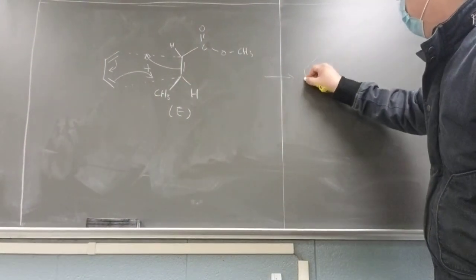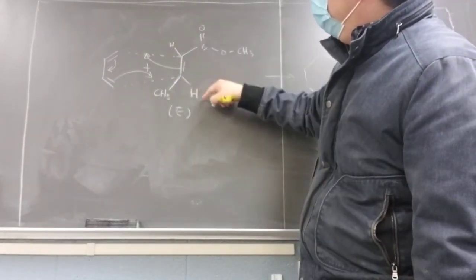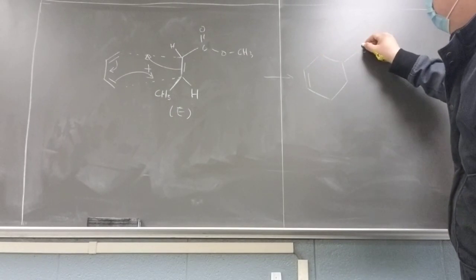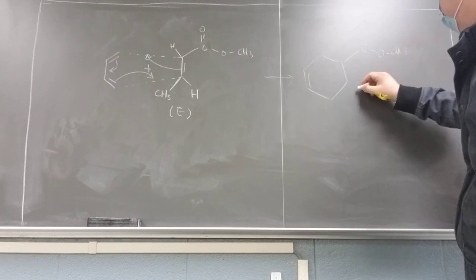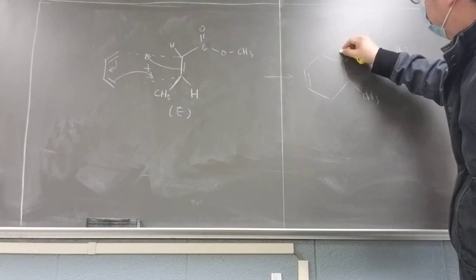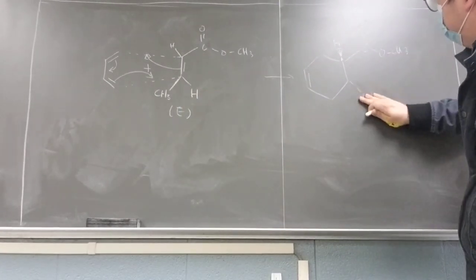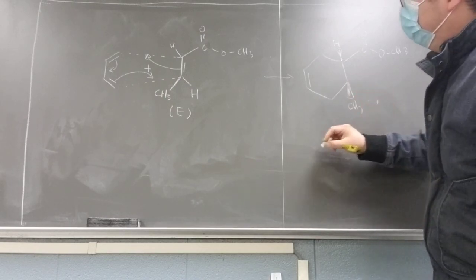So yeah, this is also pretty much the same product, but slightly different on the position of these two because they are now on the opposite side. So this is going to be here. So if you have this one over here, you're going to have those two on the same side.